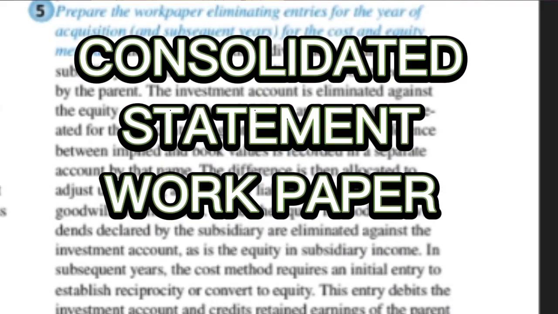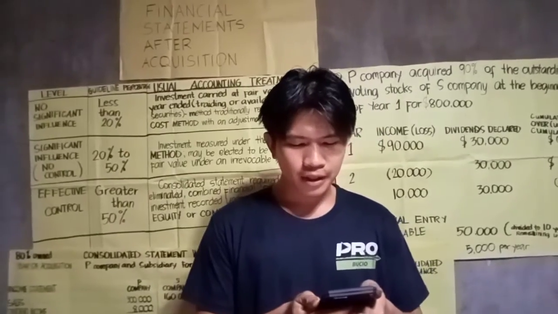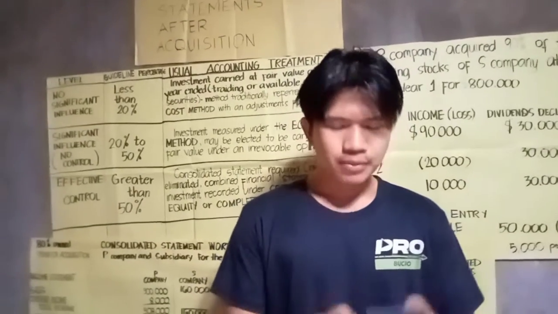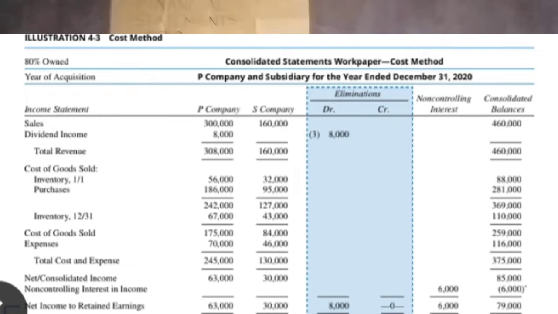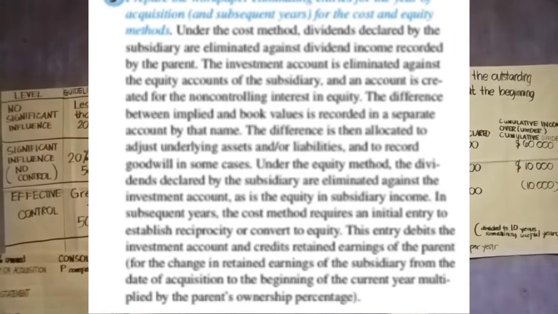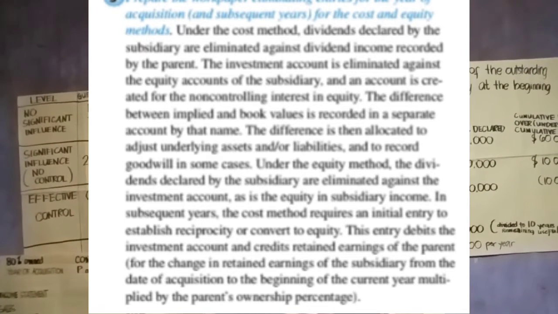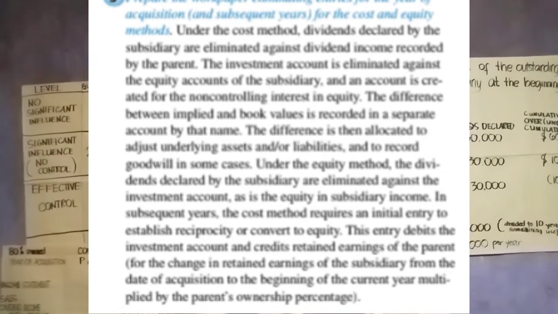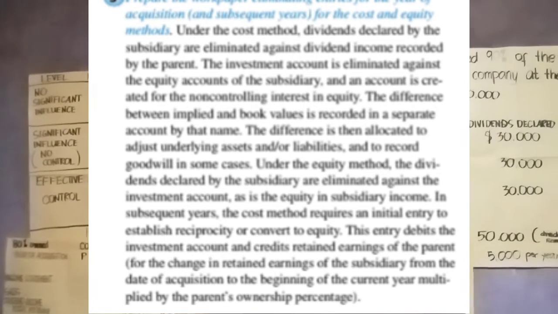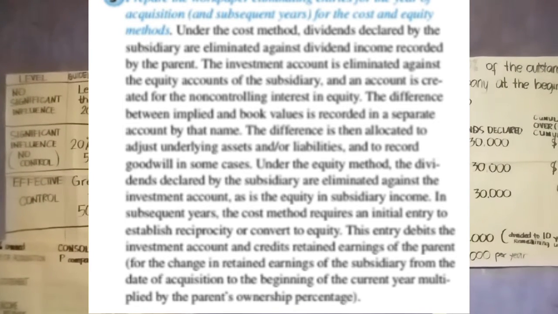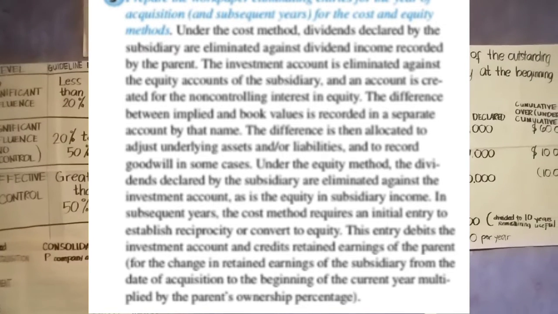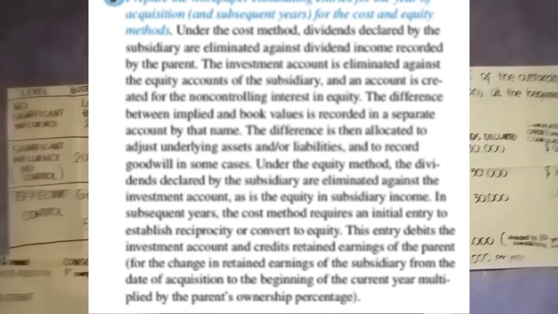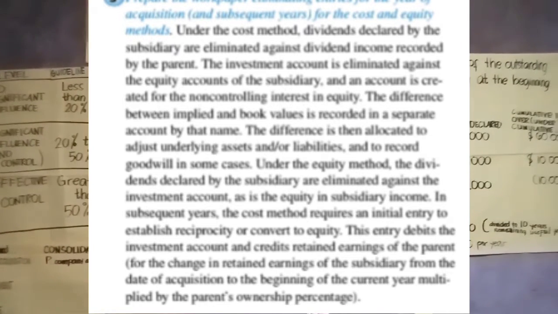Consolidated statement work paper. Prepare the work paper eliminating entries for the year of acquisition and subsequent year for the cost and equity method. Under the cost method, dividends declared by the subsidiary are eliminated against dividend income recorded by the parent. The investment account is eliminated against the equity accounts of the subsidiary, and an account is created for the non-controlling interest in equity.